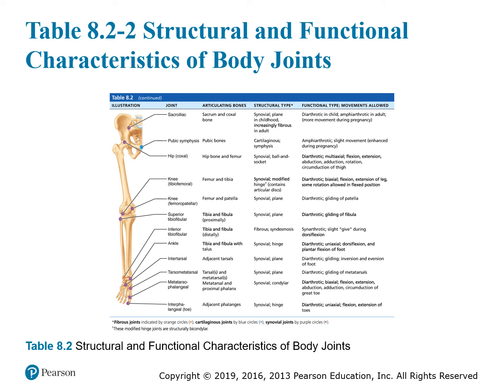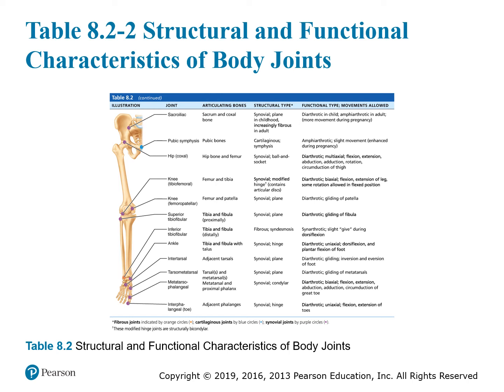The intertarsal joint consists of the adjacent tarsal bones. They are considered synovial joints, plane joints. Functionally, they are diarthrotic, and the movement includes gliding, inversion, and eversion of the foot.